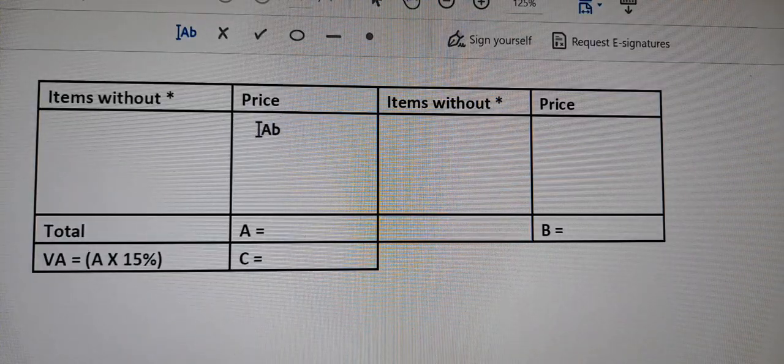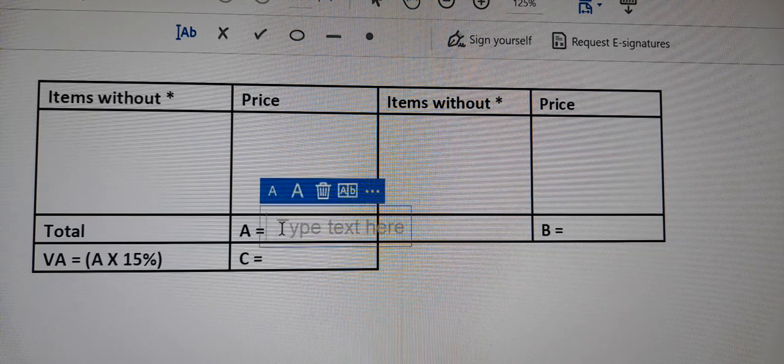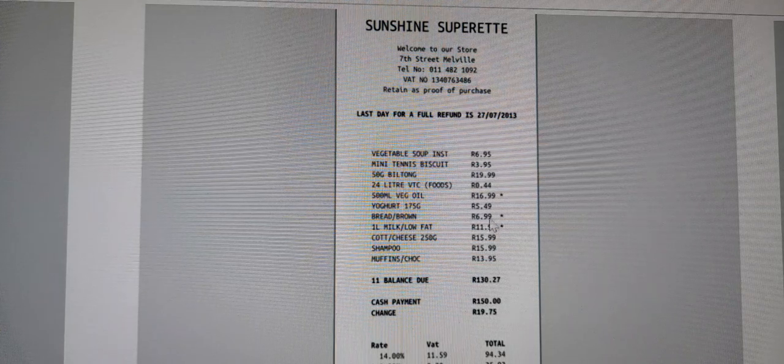The price will be listed here, and here I will have my 82.75, not 95.75. You see that? I've added all the prices without an asterisk. Then I come back again. I look at the prices with an asterisk.